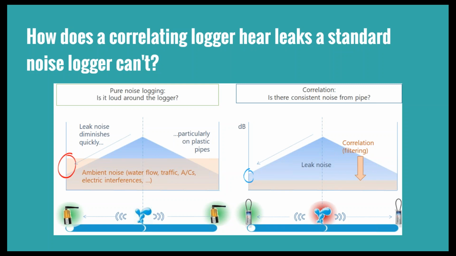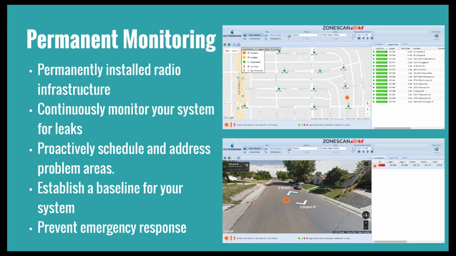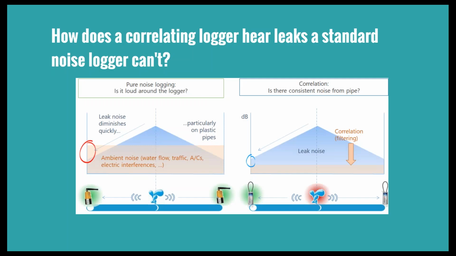What that does is, if there isn't continuous noise being heard, i.e. someone using their faucet, noises that are not continuous will be eliminated in the algorithm when it does the filtering and identifying of leaks. So the correlating loggers are nice in that it's not just an instantaneous reading.